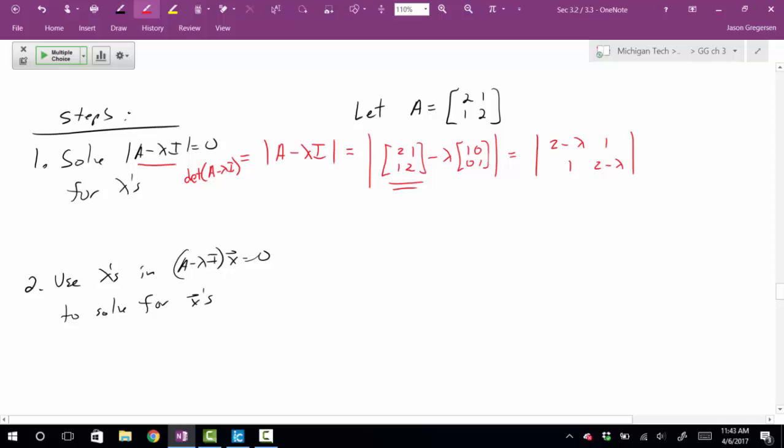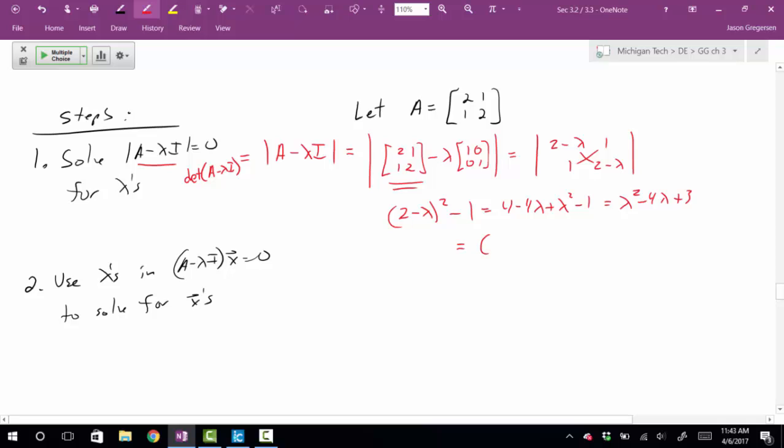Now I'm going to calculate that determinant. I'm going to take that product, so I get (2 minus lambda) squared minus the other product, so minus 1. That means I got 4 minus 4 lambda plus lambda squared minus 1. That means I got lambda squared minus 4 lambda plus 3.